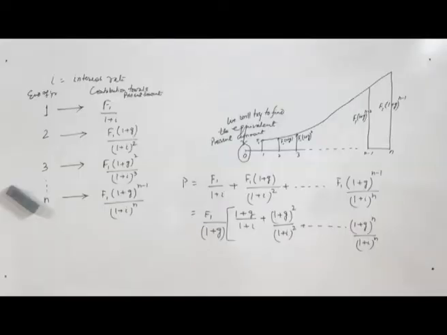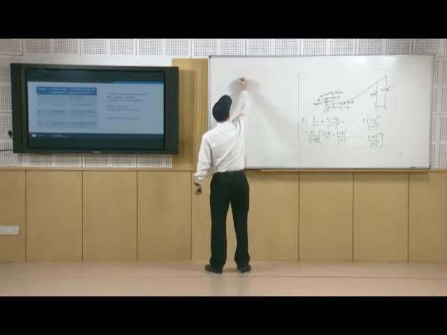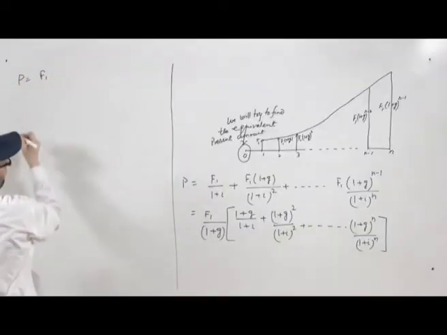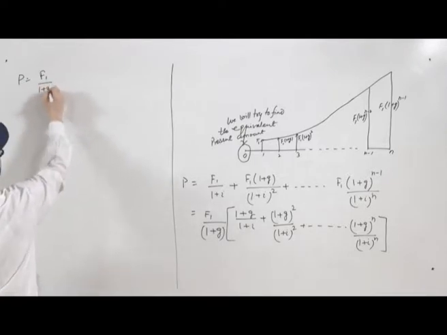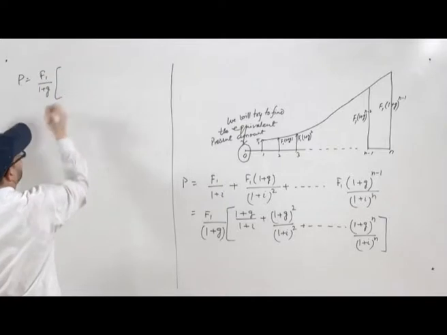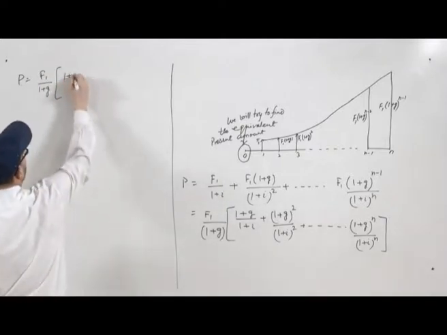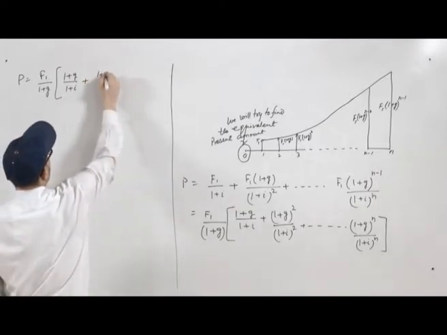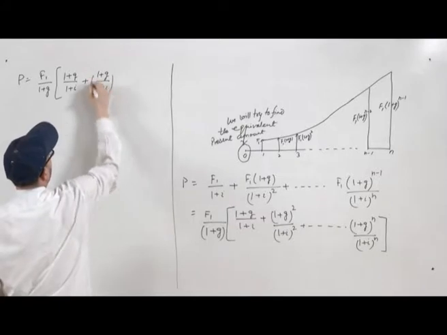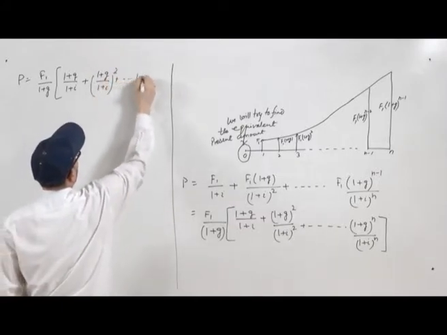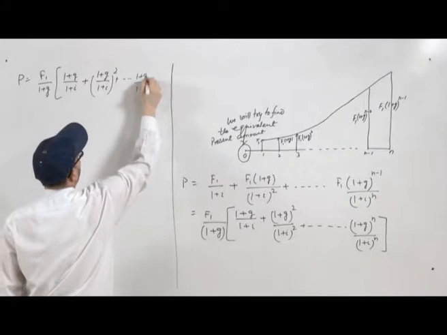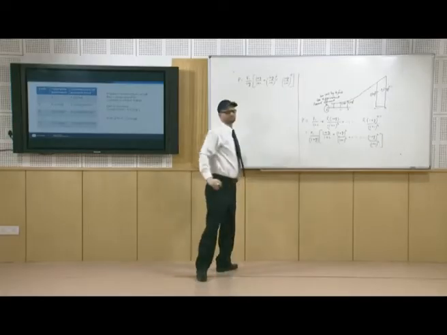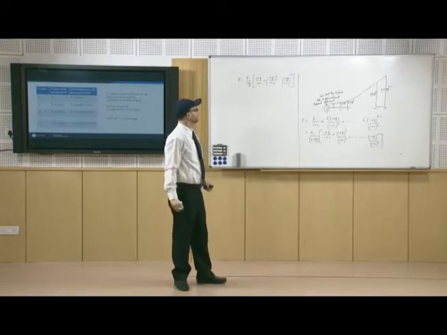Further, what we have seen so far, P equals f1 by 1 plus g, into 1 plus g by 1 plus i, plus 1 plus g by 1 plus i square, plus up to 1 plus g by 1 plus i raised to the power n. This is a geometric progression series.